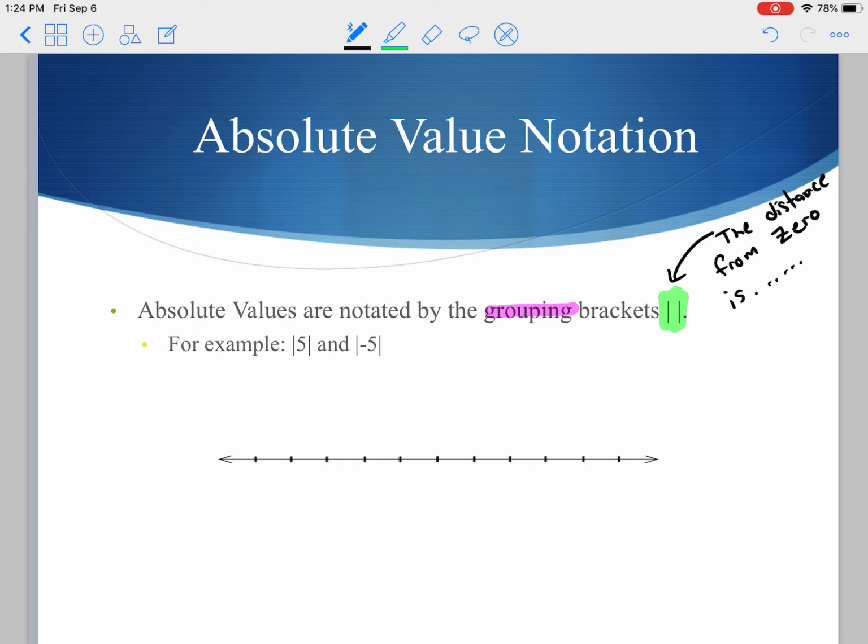And so, for example, let's look at this first case. When I read this just as an expression, I would say the absolute value of 5. However, what I need to be thinking of is the concept of the distance from 0 is 5 units. That always reminds me that I am converting any negative into a positive because I'm referring to the distance from 0.